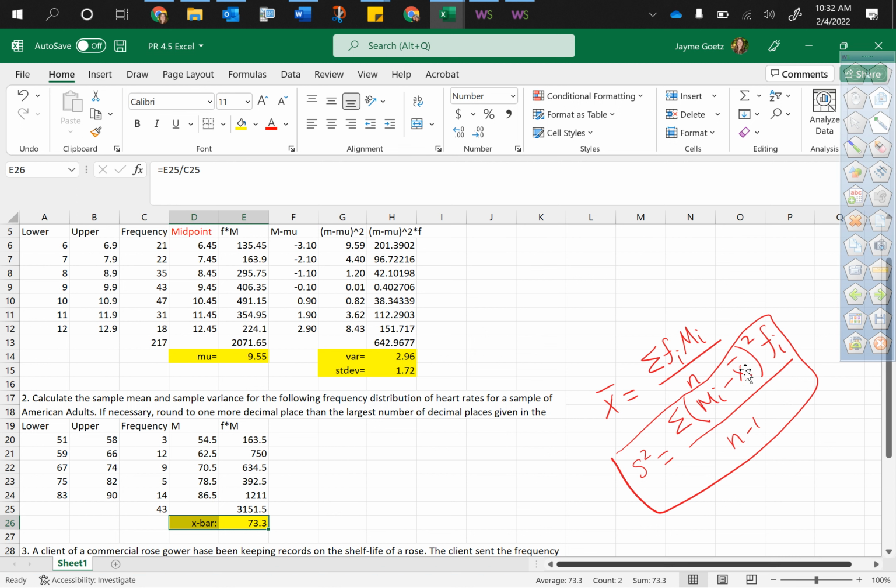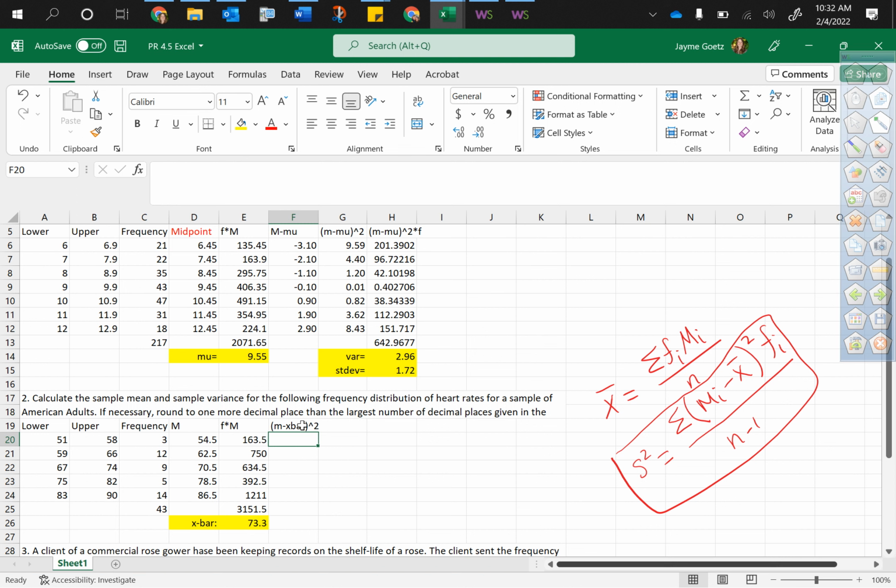Midpoint minus the mean. What if we do that all in one step? What if we say I'm going to take the midpoint minus the mean, x bar, and square it right away? Are you guys okay with that? If you're not, do it in 2 steps. It's whatever you're comfortable with.